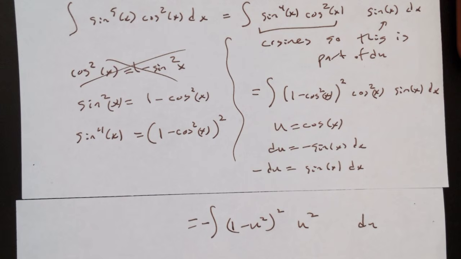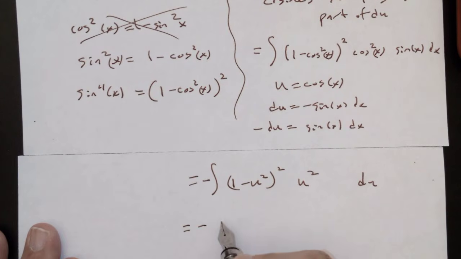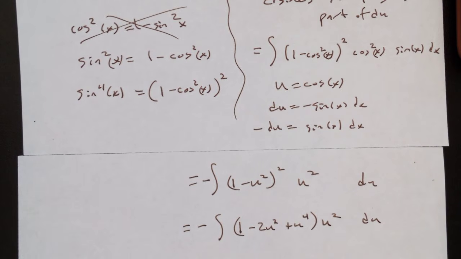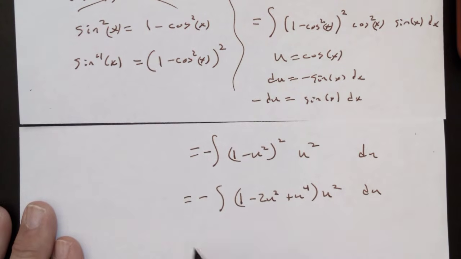Now, before you run screaming for the hills, we just multiply that out. So I square out the 1 minus u squared, and then I multiply the u squared in.